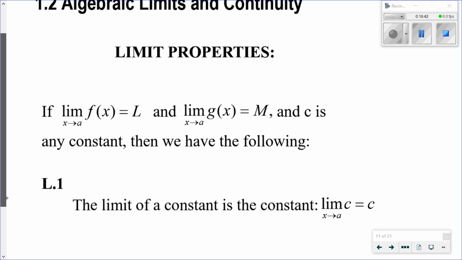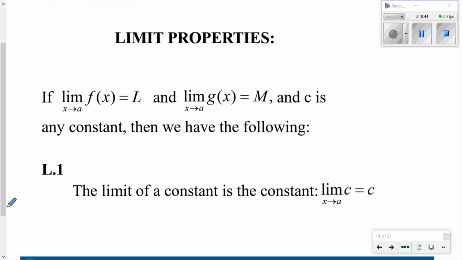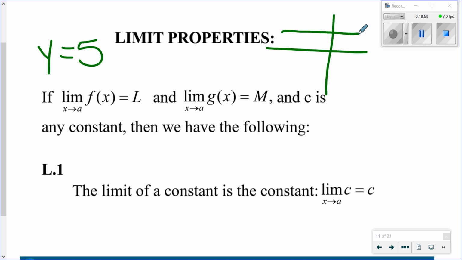All right. Now, some properties of limits. The limit of a constant is the constant. So let's think about this. When we're talking about a constant function, we mean something like y equals 5. So we are talking about a line here, y equals 5.